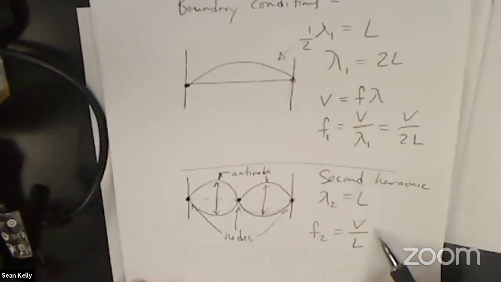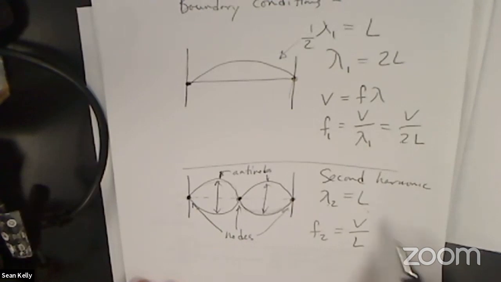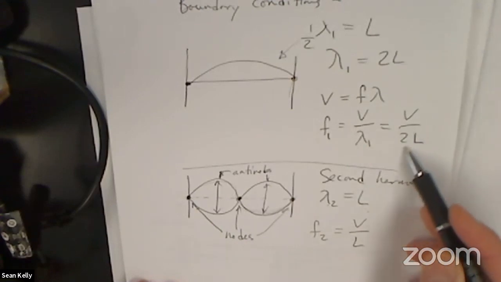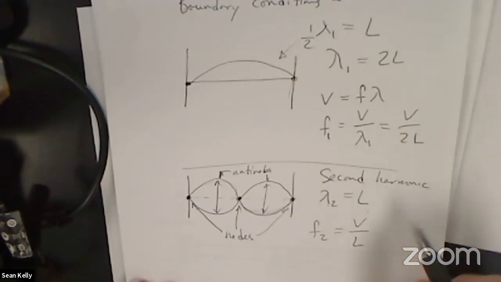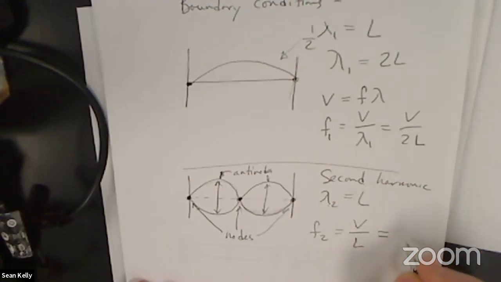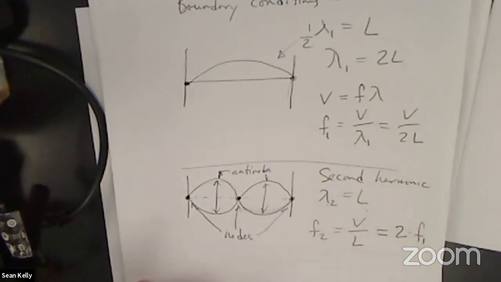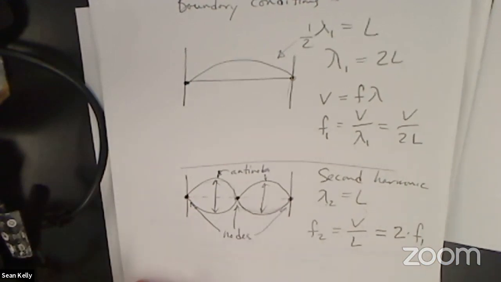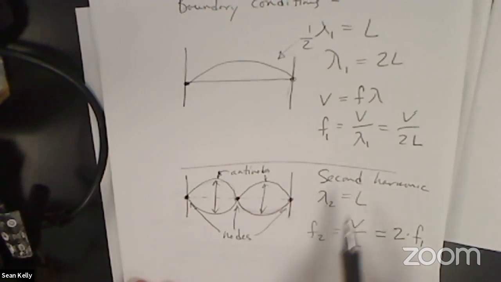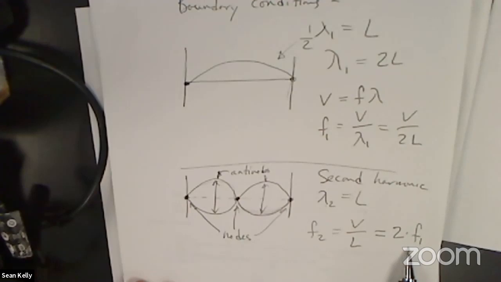What just happened to the frequency? If you look, it's missing the 2 that's here, right? And so just to finish this off, it's 2 times the first harmonic frequency. So this is kind of a cool little trick: the higher the harmonic, the higher the frequency will be.